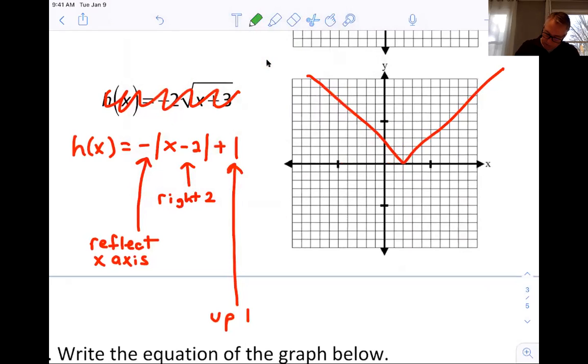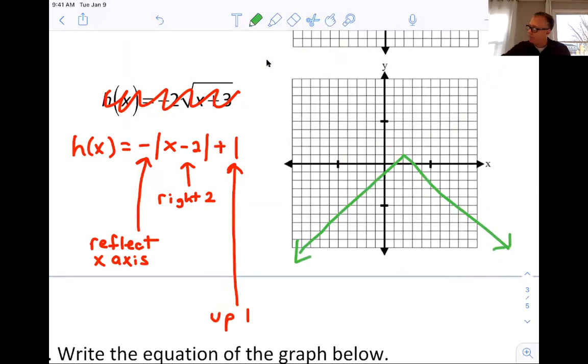So now it's facing downward, of course. So I reflected it, and now I have the green graph. So I'm going to erase the red one. And then I have to move it up 1. And that would be my final answer.